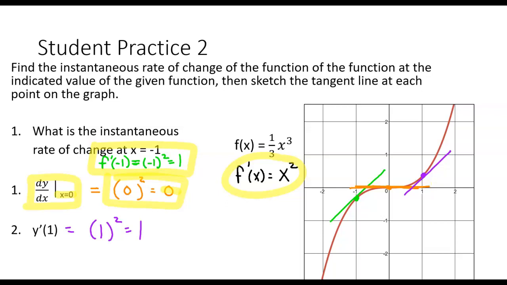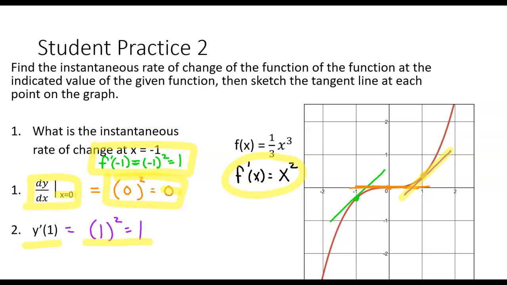All right, last one here. Once again, we're just finding the derivative of the function at 1. So 1 squared is 1. And so at x equals 1, I should have a tangent line that touches the curve at just that 1 point. And it should be a positive slope, moving in an upward direction because I have a positive 1 for a slope. Right? And there you guys have it.